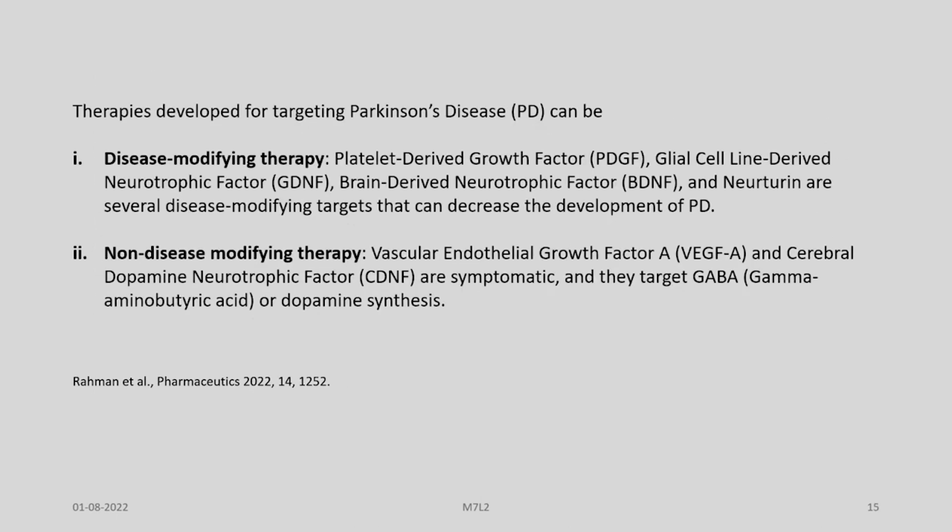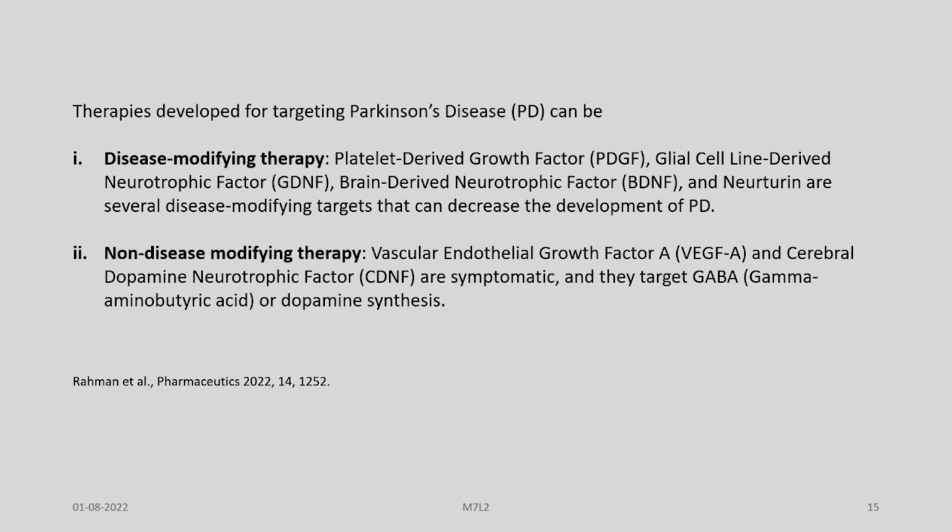Let us focus on the targeting of Parkinson's disease from the point of view of gene therapy. The therapies developed for targeting Parkinson's disease can be of two types: disease modifying therapy or non-disease modifying therapy.